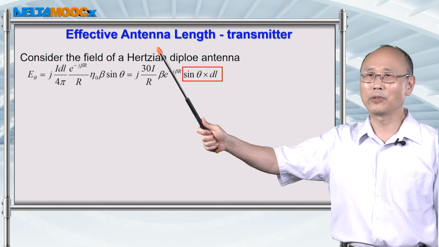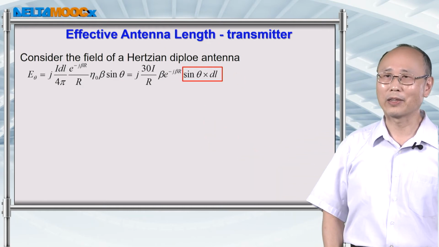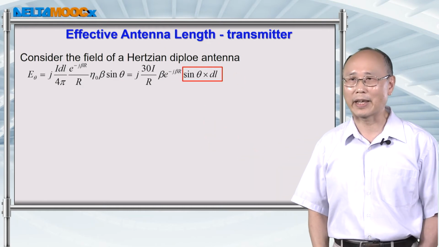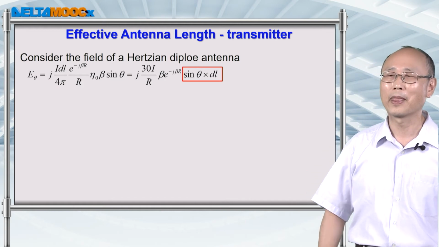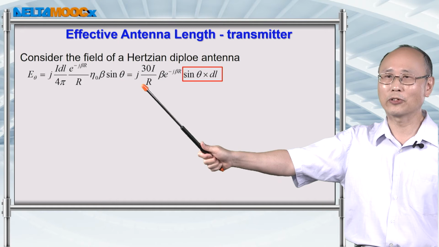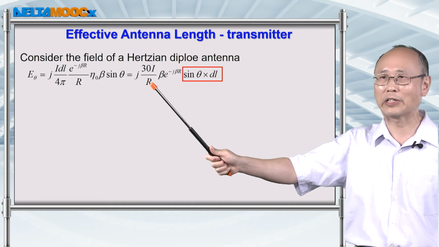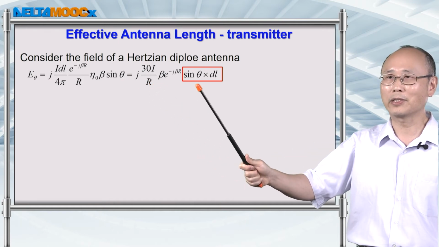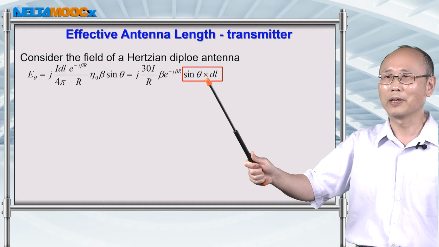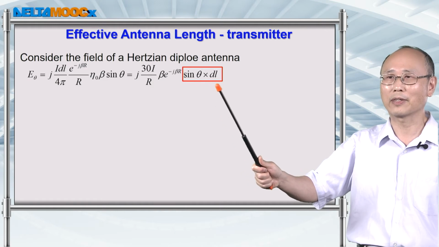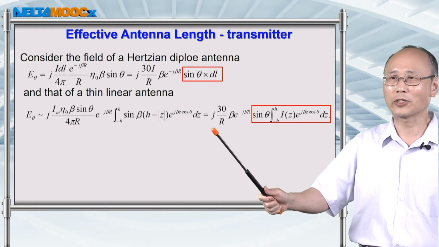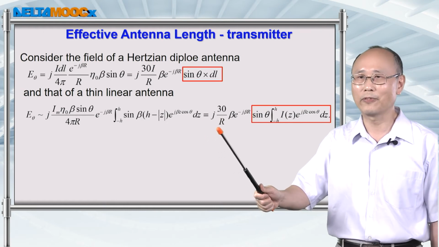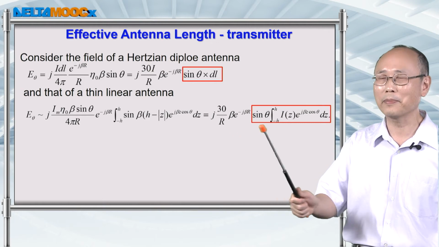Also, I want to define the so-called effective antenna length to simplify the discussion and also simplify the calculation. Let's first look into the solution for the Hertzian dipole antenna. And you can see there's a term describing the direction and also the length. Then you compare this formula with the one we just derived for a linear dipole antenna.